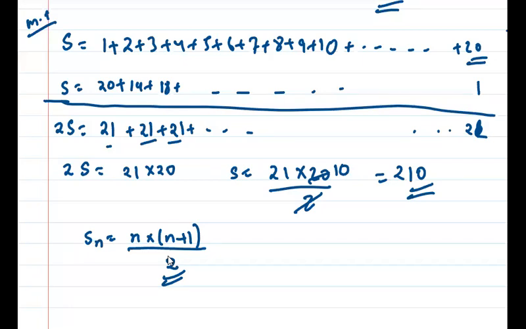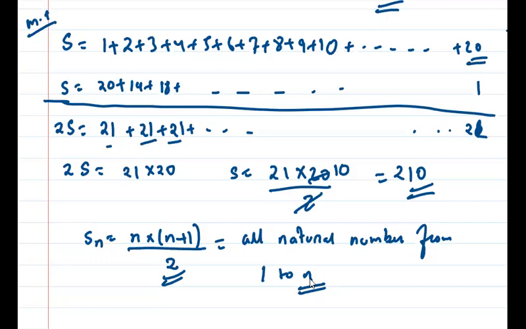But it's the concept, how we use this. That is your critical thinking. So I hope you understood what this is. This is the sum for all natural numbers from 1 to n. Agree? Tell me, agree?